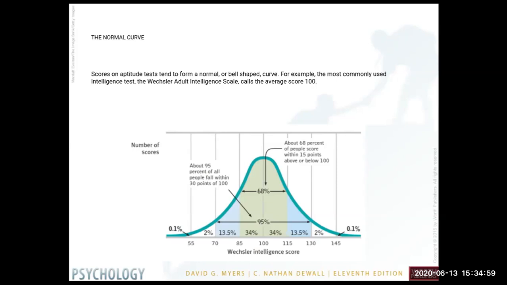So when we say that something is statistically significant, we're using these means and standard deviations as our markers. So we're saying that we have a 95% chance that what we actually found was correct, and only a 5% chance that it was due to some sort of error or mistake or random chance.